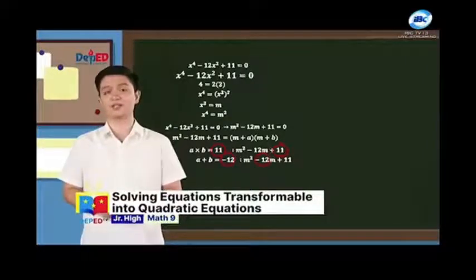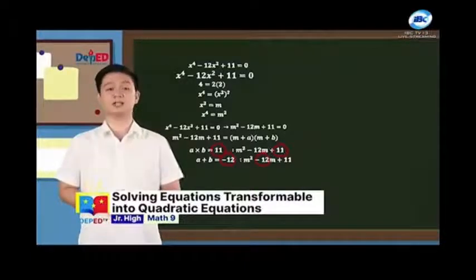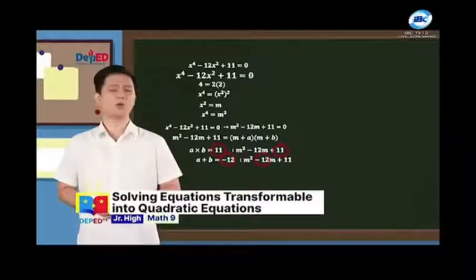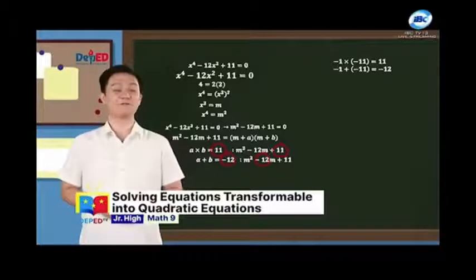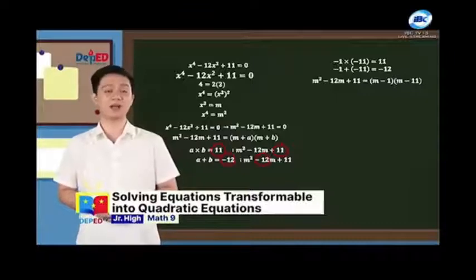Since their product is positive and their sum is negative, we can be sure that a and b are both negative. So, what are the two numbers? They are negative 1 and negative 11. Therefore, the factors of the trinomial are the binomials m minus 1 and m minus 11.